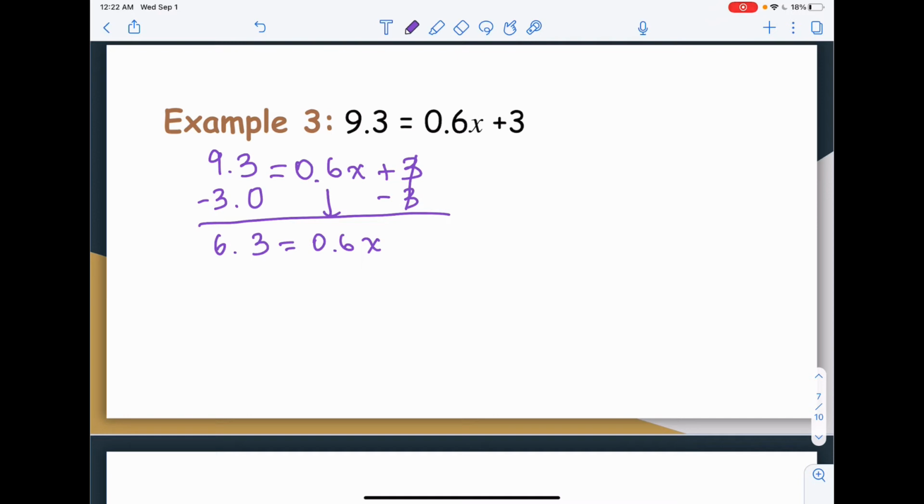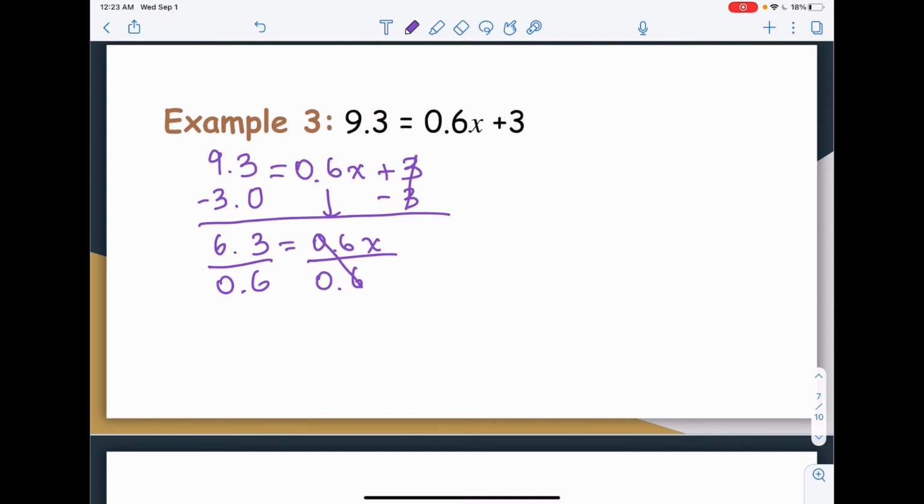Okay, let's continue. The next inverse operation would be dividing both sides of the equation by 0.6, since 0.6 was originally multiplied by x. These will be canceling each other because 0.6 over 0.6 means 0.6 is divided by 0.6.